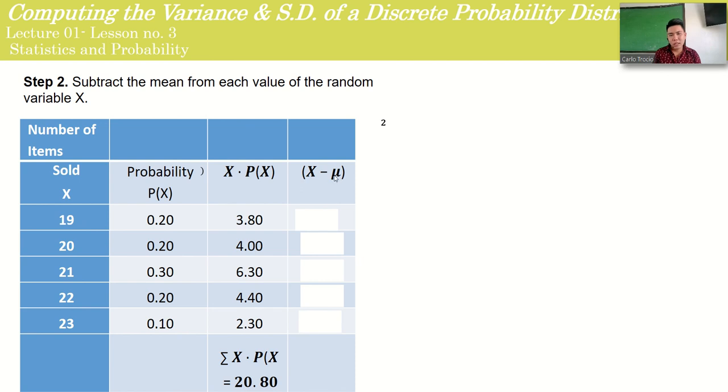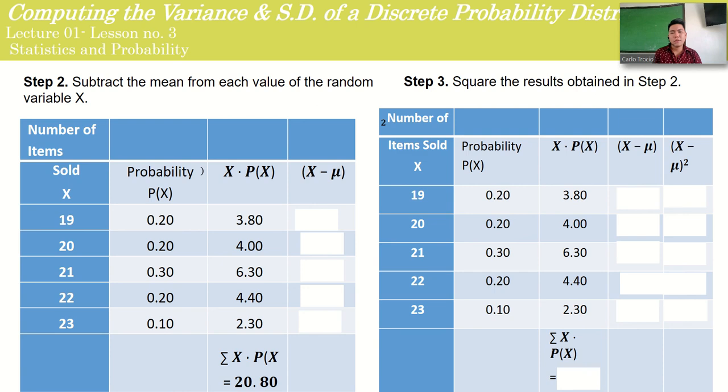By the way, this is the symbol for mean in Greek. This is mu. Okay, x minus mu. Step 3, of course, we need to square it. So let us subtract it first. So 19 minus 20.80, that is negative 1.8. Next, 20 minus 20.80, that is negative 0.8, and so on.